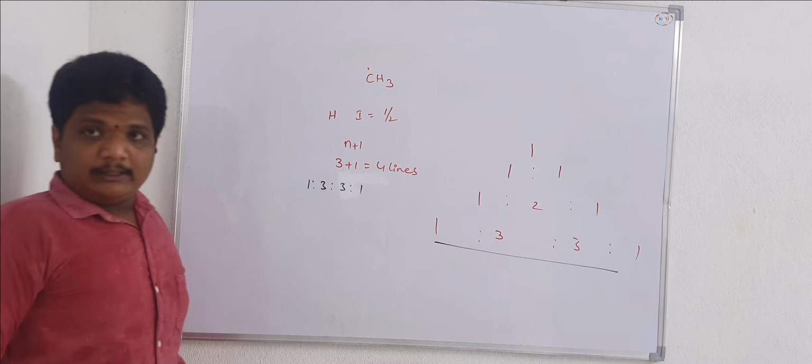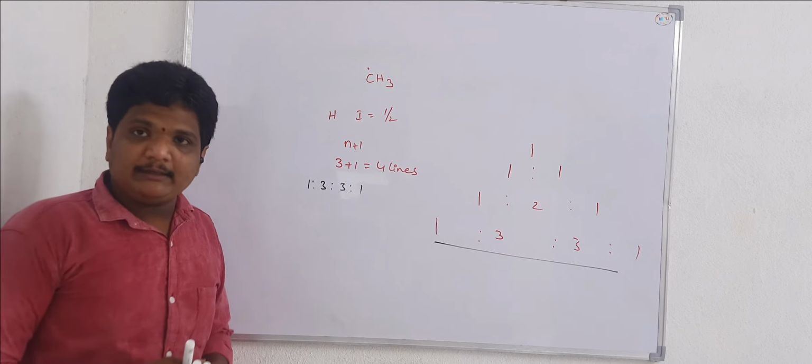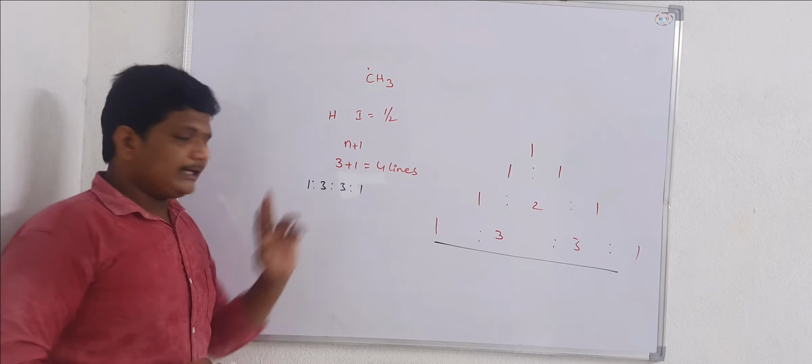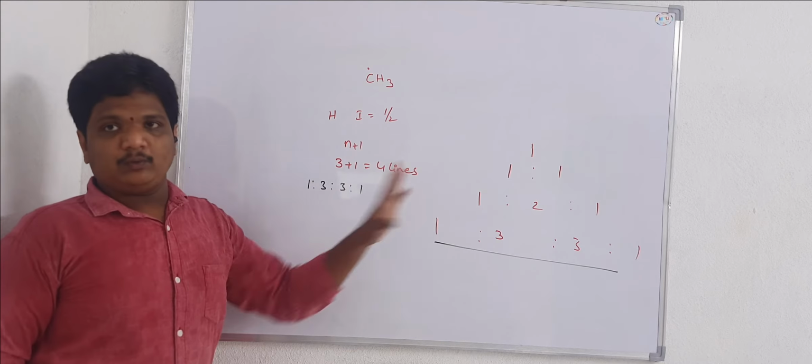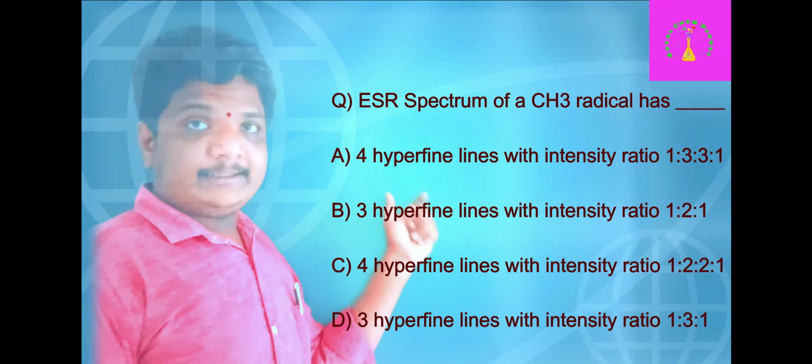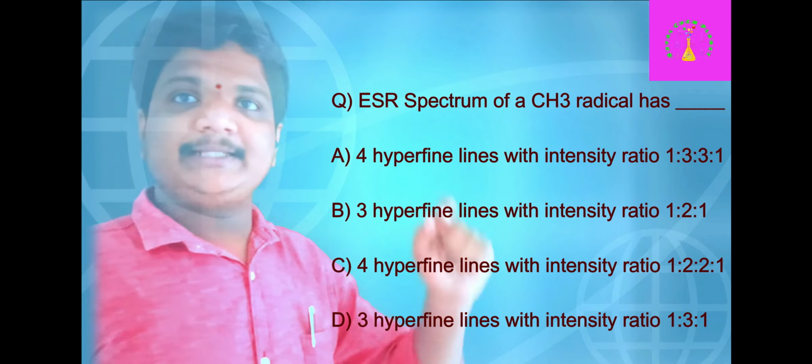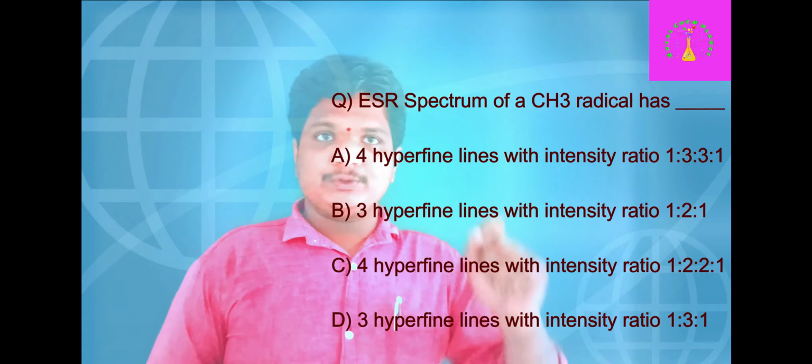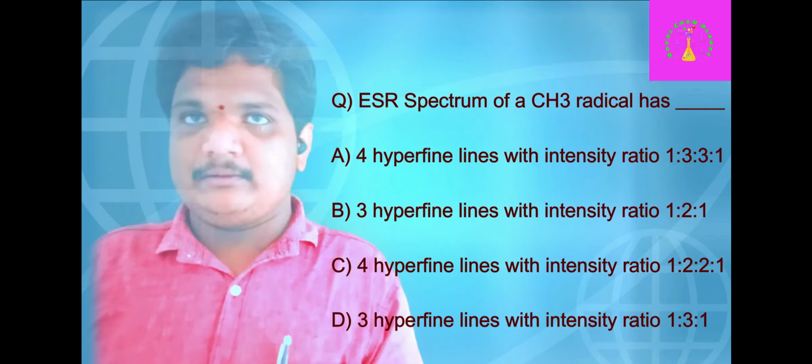The correct option is A, 4 hyperfine lines with intensity ratio 1:3:3:1. Now let us move on to the next question.